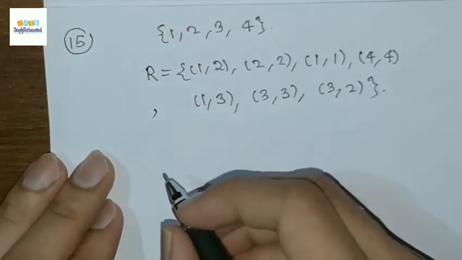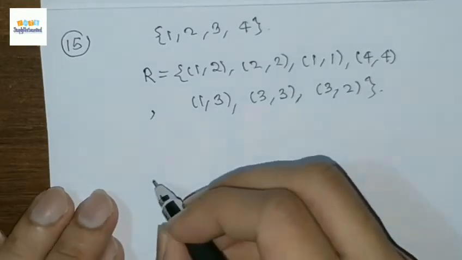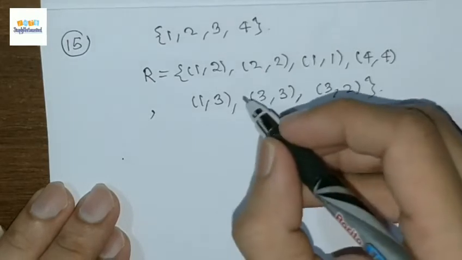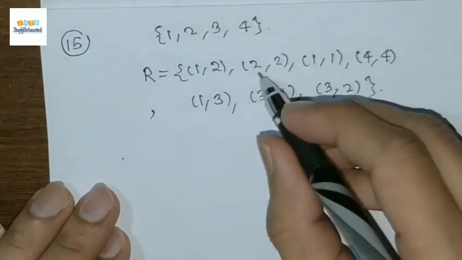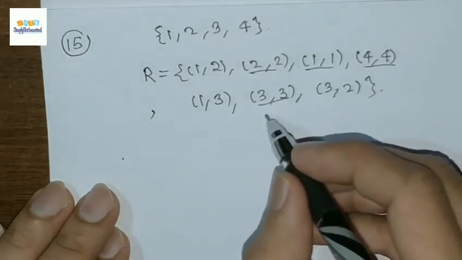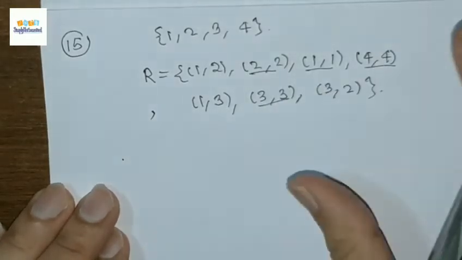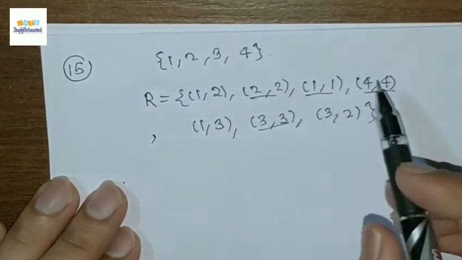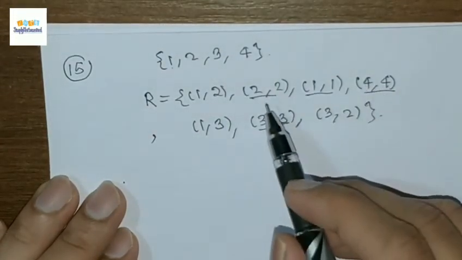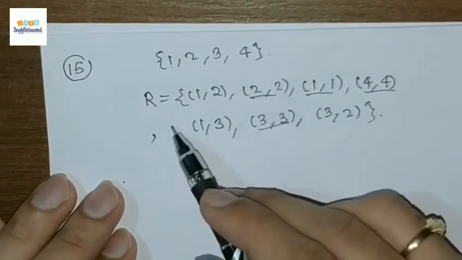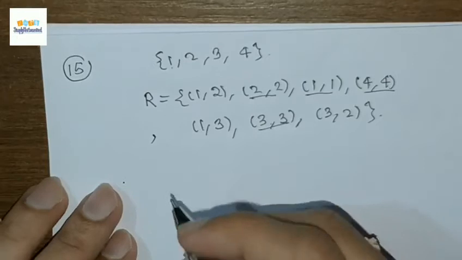First let us check whether the relation R is reflexive. You can see that (1, 1), (2, 2), (4, 4) and (3, 3) belong to the set R. There are 4 elements here which are 1, 2, 3, 4. So you can see that all the elements of the type (a, a) belong to the set R. So therefore R is reflexive.